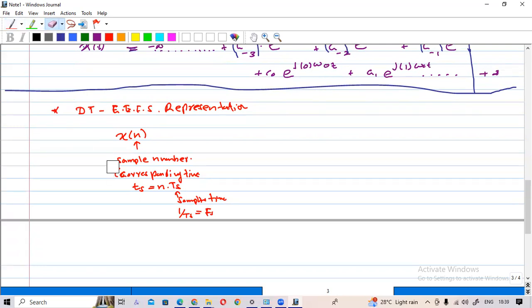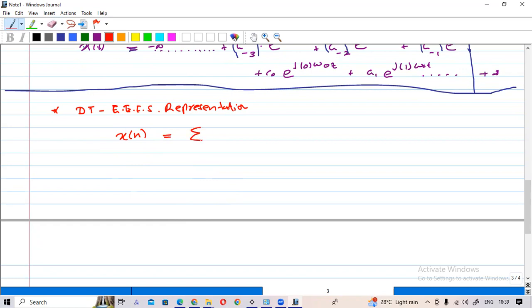Now any discrete time signal, in the same manner, we can represent as a collection of complex exponential terms with weightage.